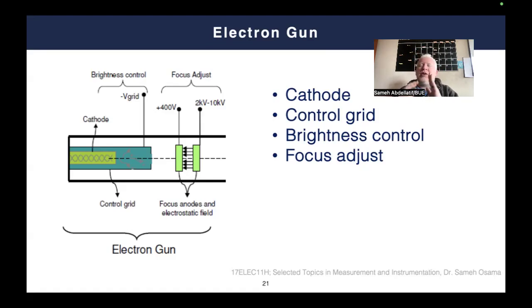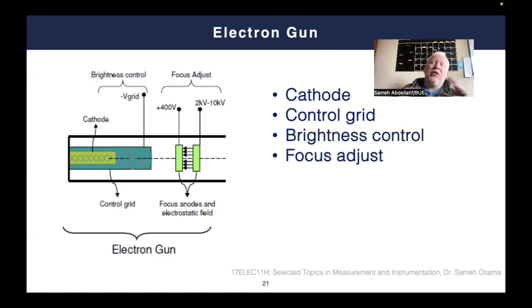However, if the electrons hit the screen in a wider circle, the focus will decrease a bit. Brightness is simply related to the number of electrons. So if more electrons hit the screen at a time, this spot becomes brighter.